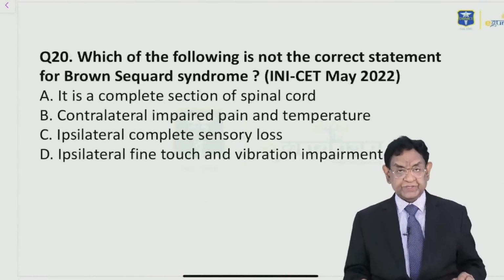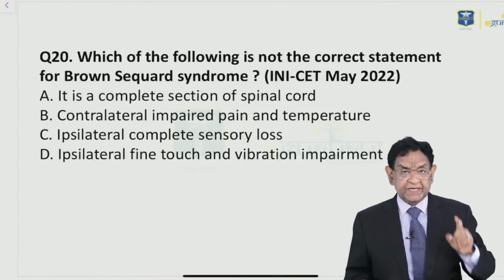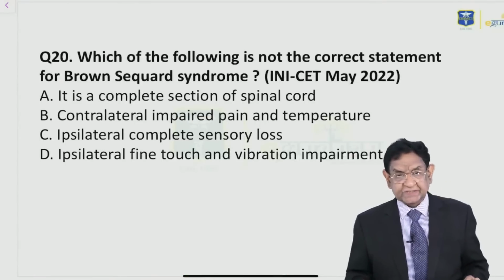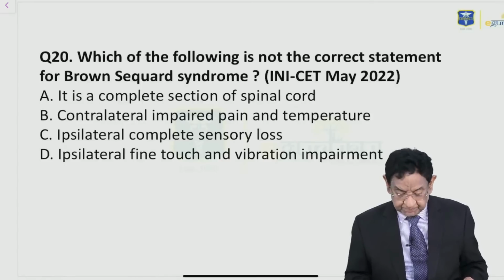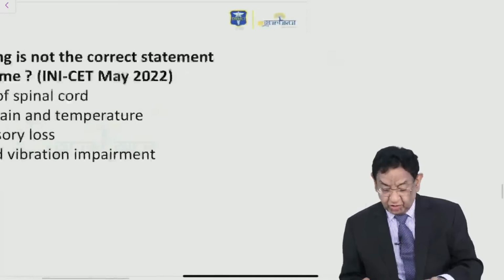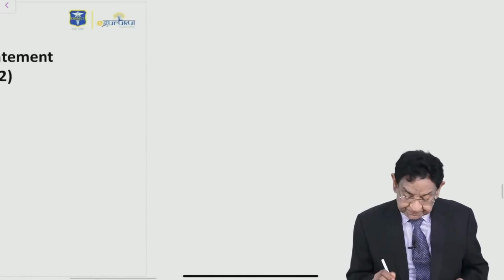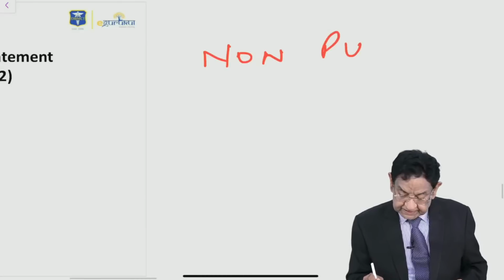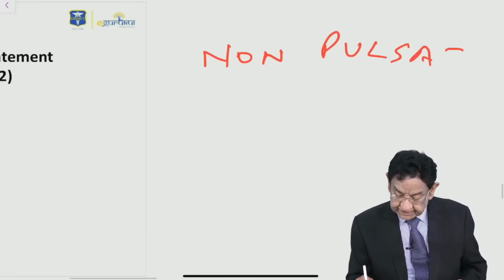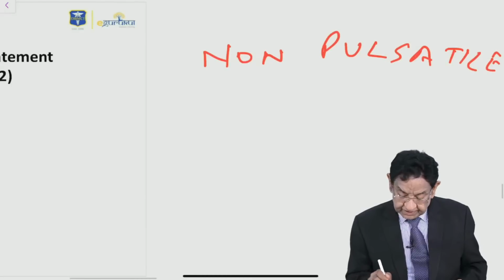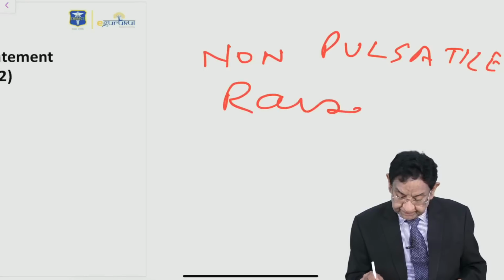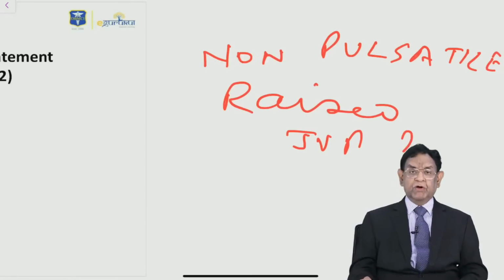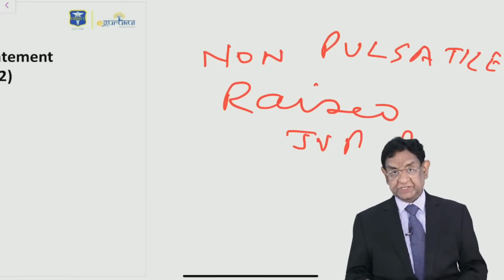Now I have one more question for you. Write down the answer. Again, you have to WhatsApp me the answer. When you WhatsApp the answer, don't forget to write your name and college also. In which condition do you get non-pulsatile raised JVP?